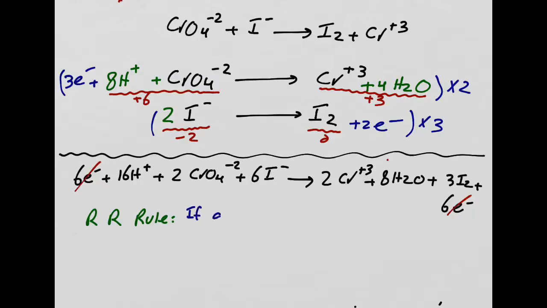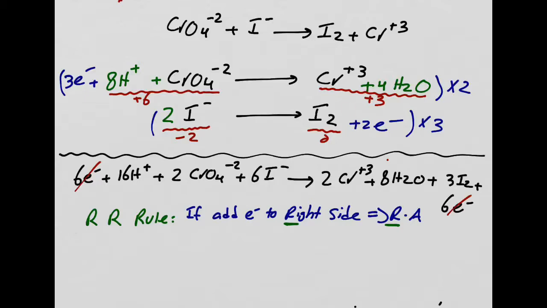If you add electrons to the right side, that is your reducing agent. Which means the other one is going to be the oxidizing agent. So let's do this one together. Again, if you add electrons to the right side, that's your reducing agent. We call it the RR rule.